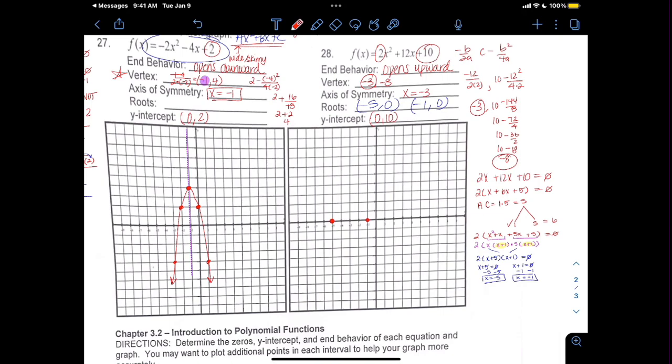I'll go ahead and graph my vertex at -3, -8, so -3, -8.